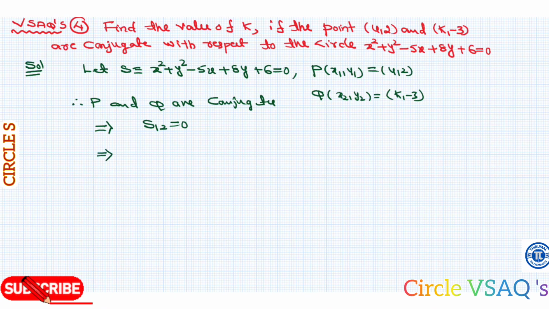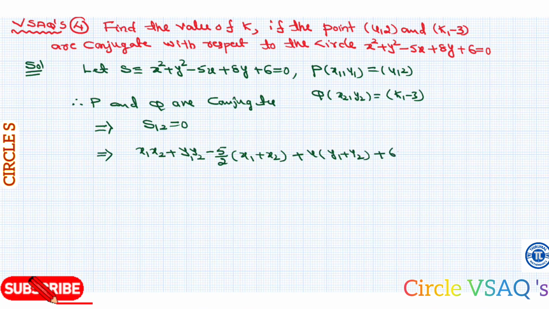Now write the notation of S12 for the given circle: x1x2 + y1y2 - 5/2 (x1 + x2) + 4 (y1 + y2) + 6 = 0. Now substitute the four values x1, y1, x2, y2 in the above notation, then we get the required k value.